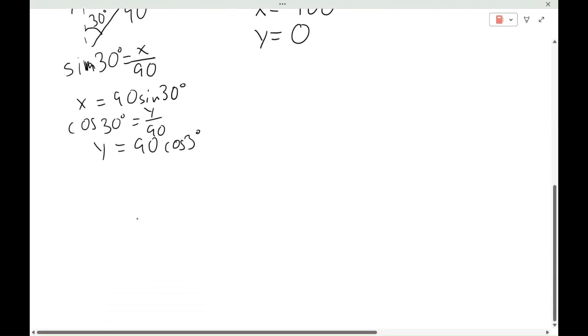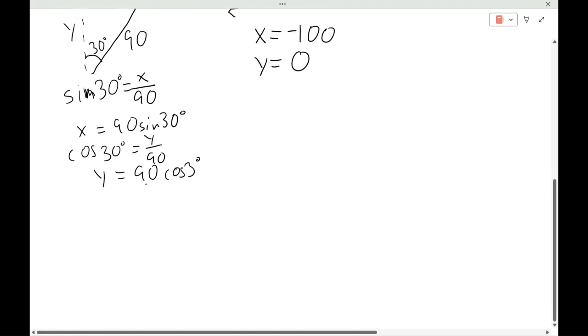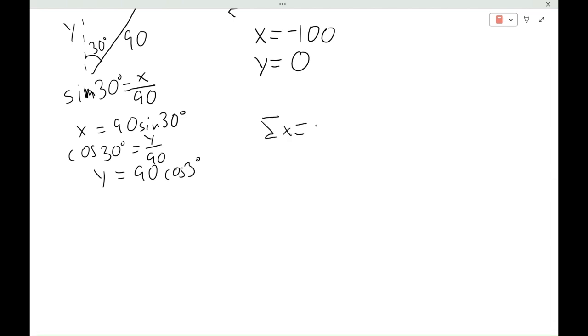Okay. Since we have both the x and y for both the equations, we would just have to write the sum of all the x's, which would be 90 sine 30 degrees plus negative 100.